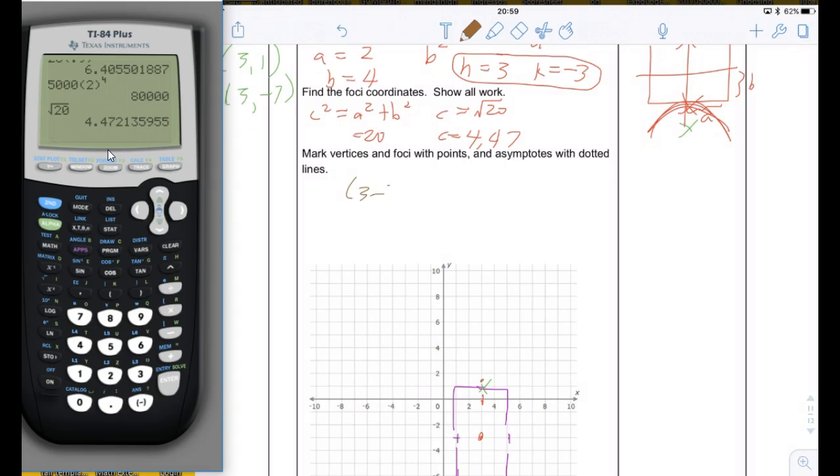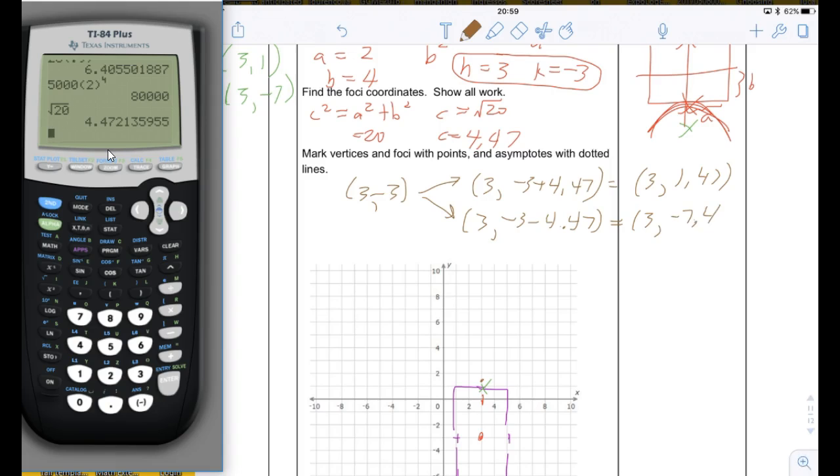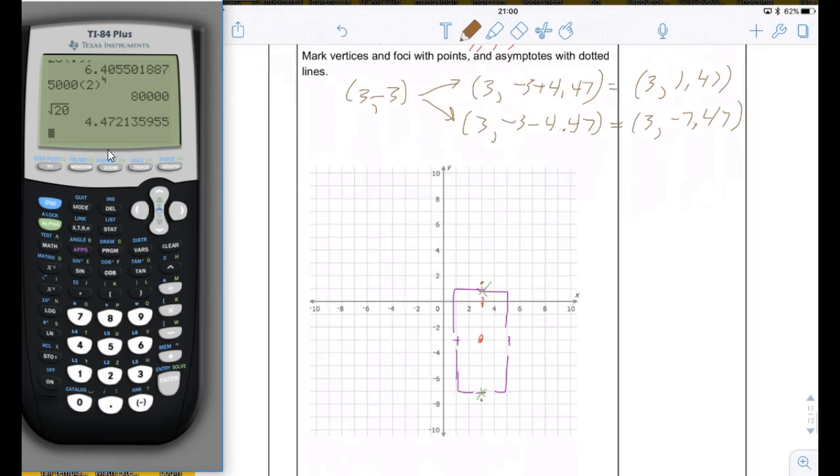So one of the foci is going to be 3, negative 3 plus 4.47. And the other one is going to be 3, negative 3 minus 4.47. Okay? Because one of them is going to be above and the other one's going to be below the center. And so I can add this up. I get 3, 1.47 here, and then here I get 3, negative 7.47. Okay? So those are the coordinates of the foci, and I've marked them here.